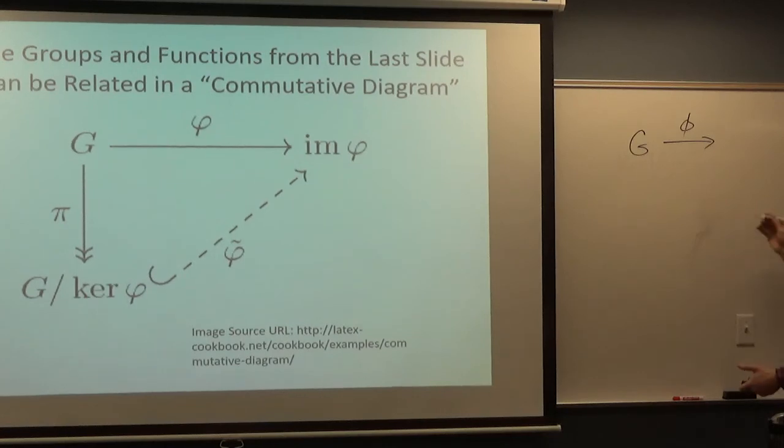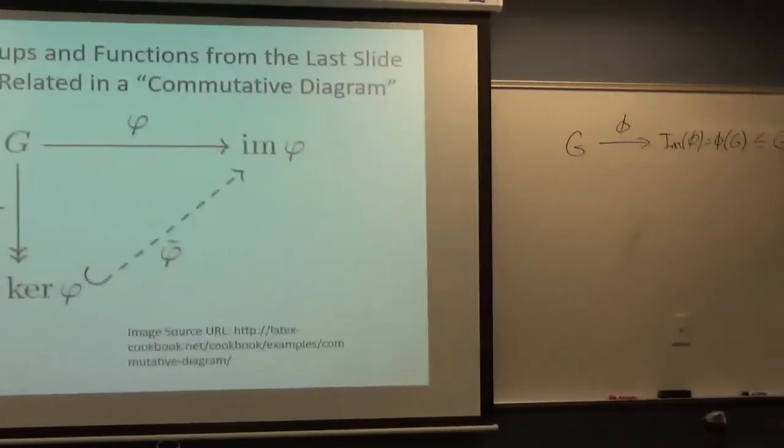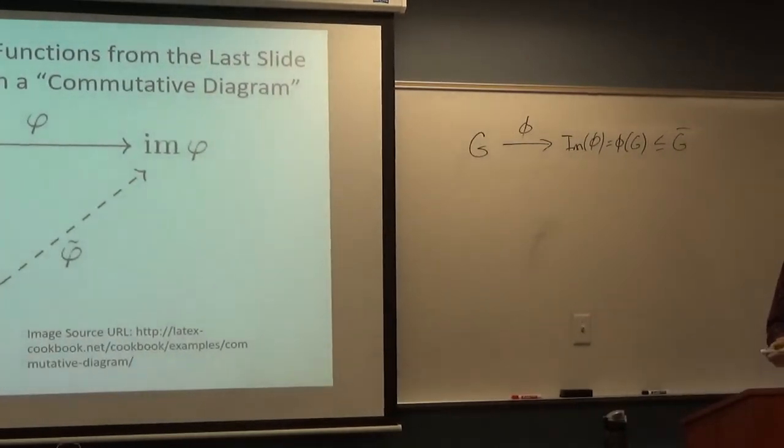Homomorphism from G to G bar. It will be onto its image, which will be a subgroup of G bar. If it does happen to be onto, then the image will equal G bar.